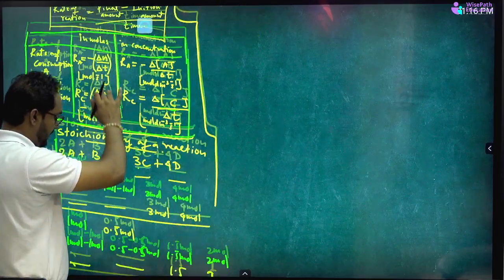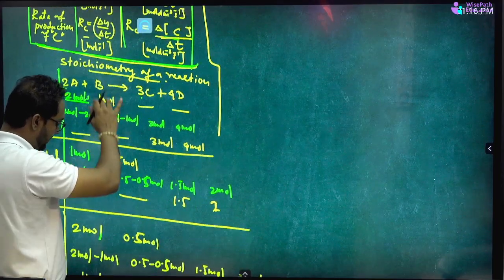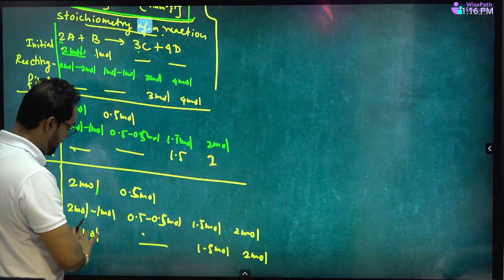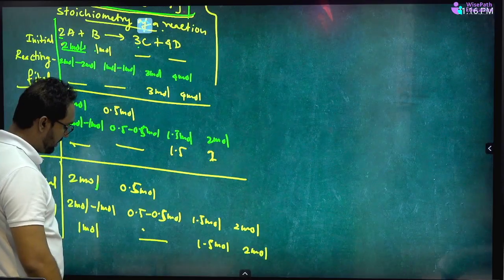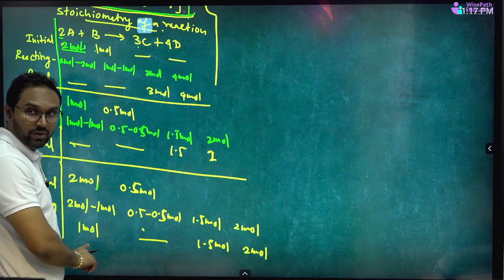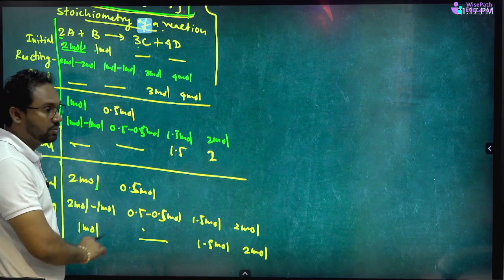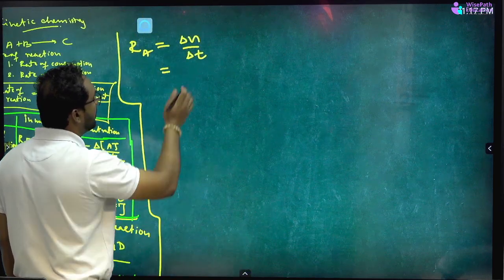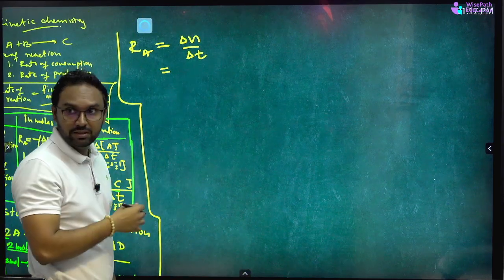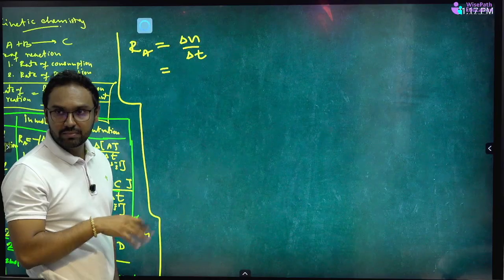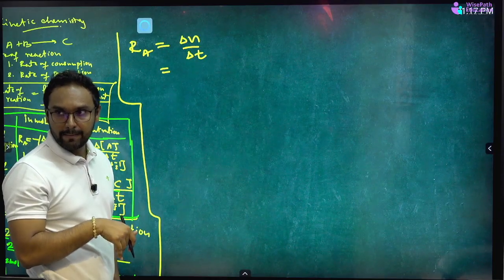Now if I take RA of the final one, what is the initial and the final? A final is 1 mole, initial is 2 moles.